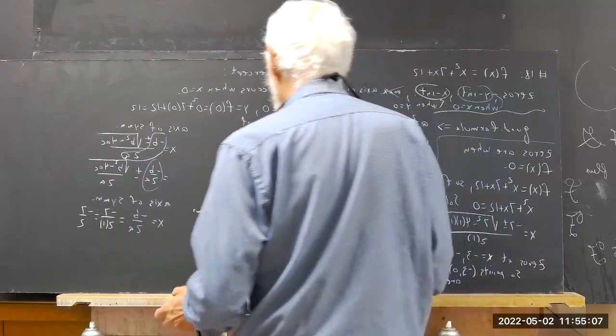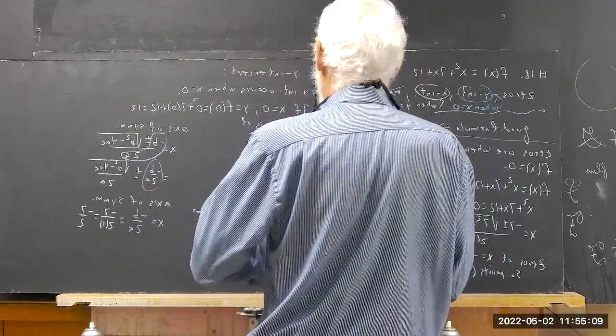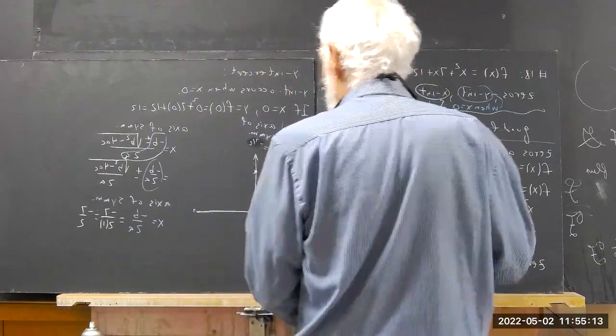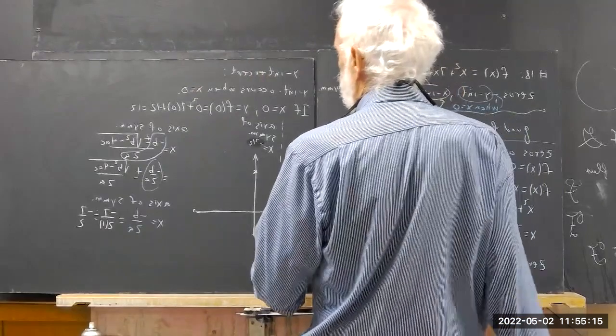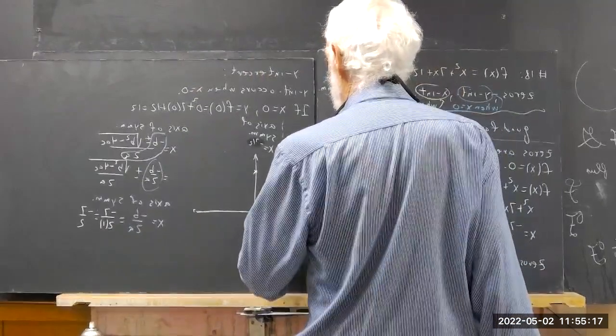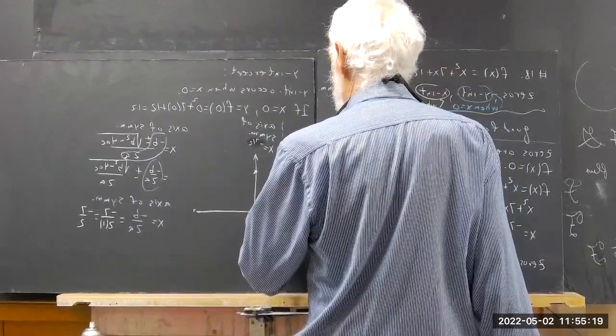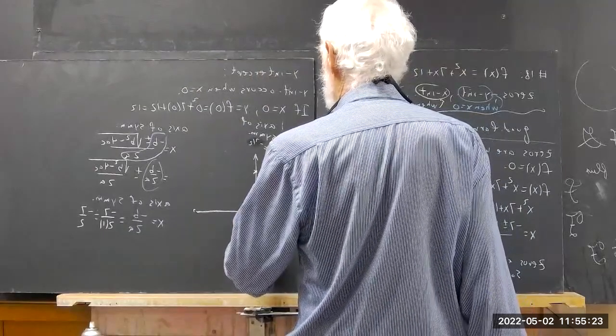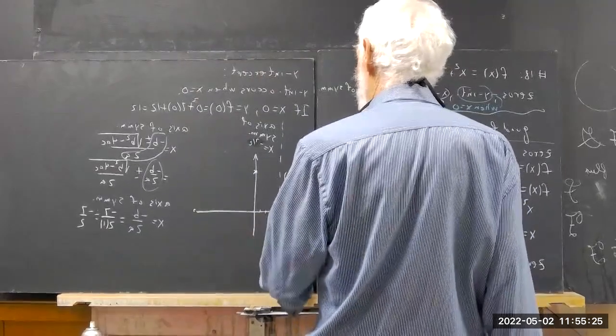Actually, symmetry is still negative 7/2. If there's 7/2, that means negative 3 is about here, negative 4 is about here, negative 2 is here, negative 1. I don't have that ruled off very well, but we get the idea.